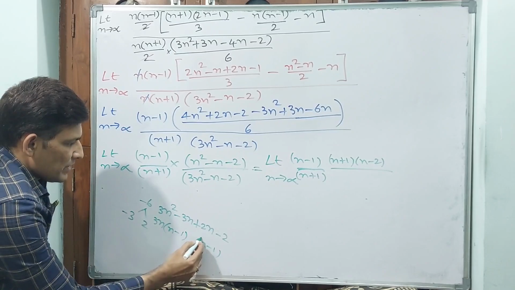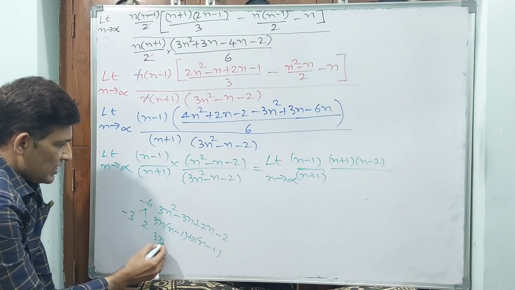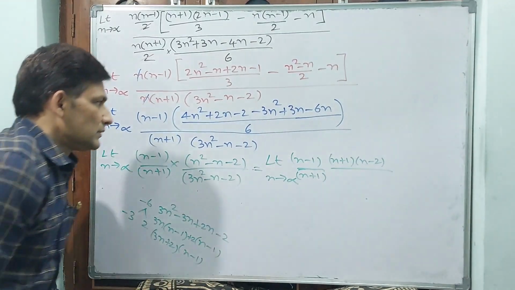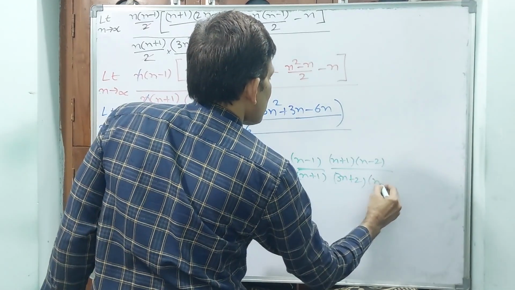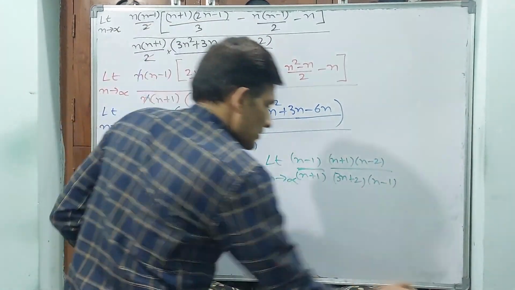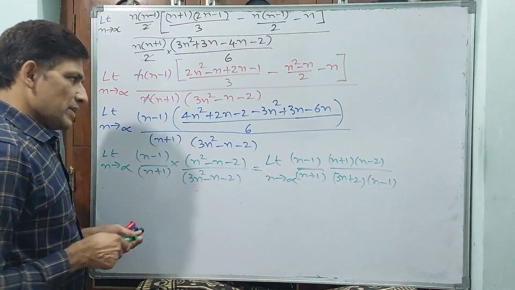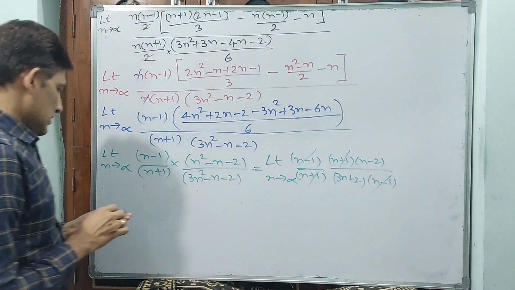N minus 1 means plus 2, 2n minus 2. That means 3n plus 2 into n minus 1. And now see, n minus 1 and n minus 1 cancel out, and n plus 1 cancels out.